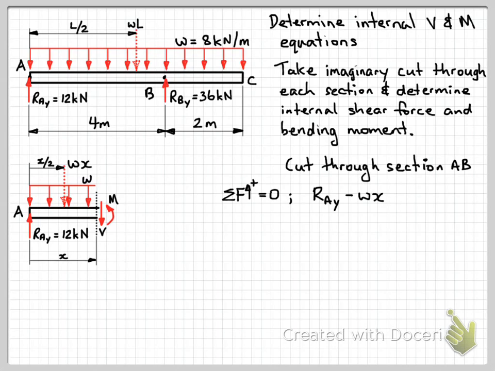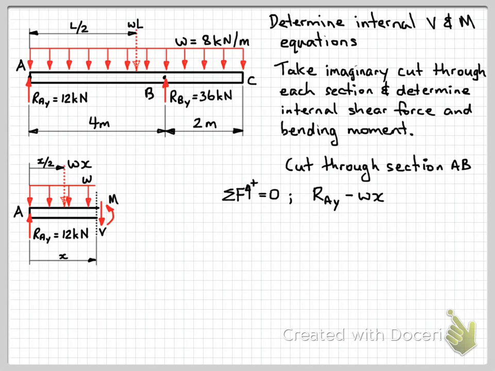So when you draw your free body diagram, when you're taking the cut to work out your internal actions, you must have that uniformly distributed load shown on that section that you're looking at, and then work out its equivalent single point load on that section.